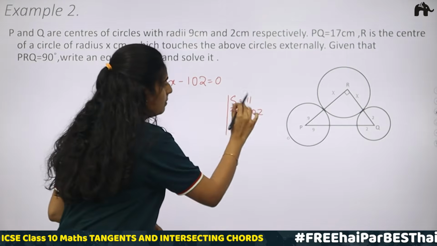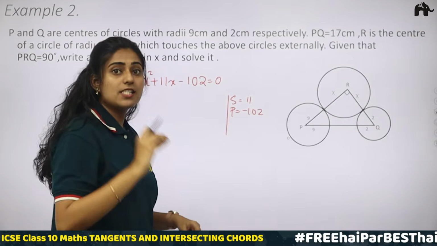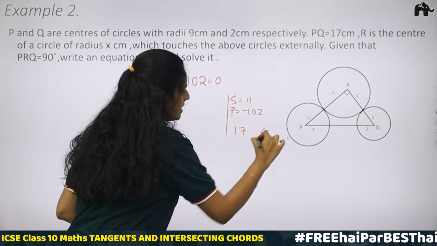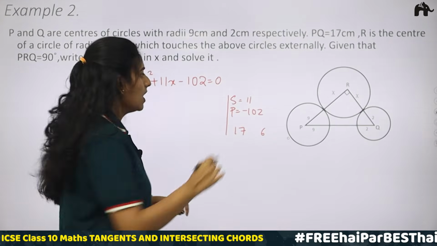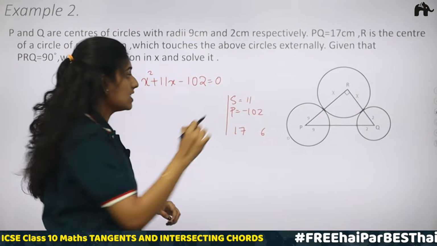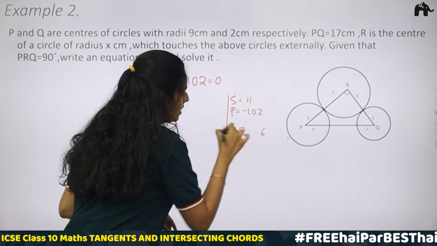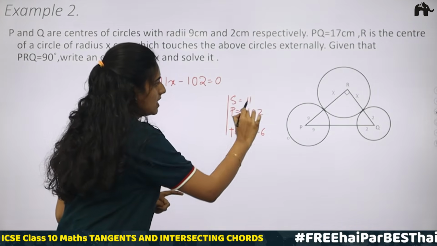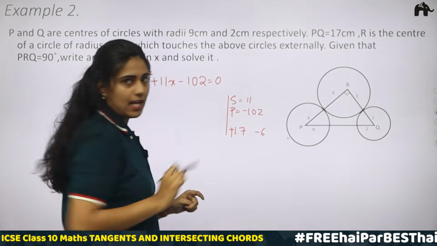Here the sum is positive, which means the greater number is positive. When we take 17 and 6, 17 into 6 is 102. You need to get 11, the sum is 11, which means the greater number should be positive. 17 should be positive and 6 should be negative. 17 minus 6 is 11 and 17 into minus 6 is minus 102.